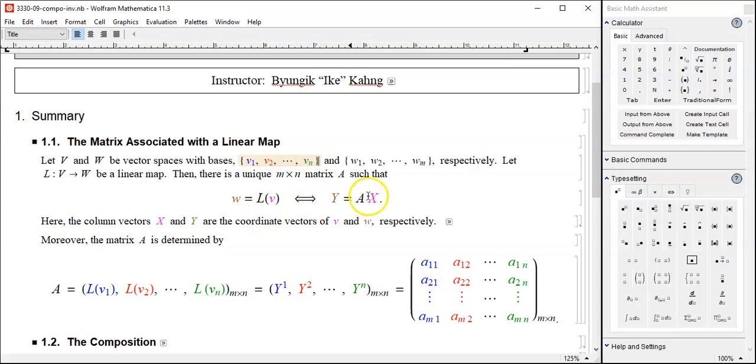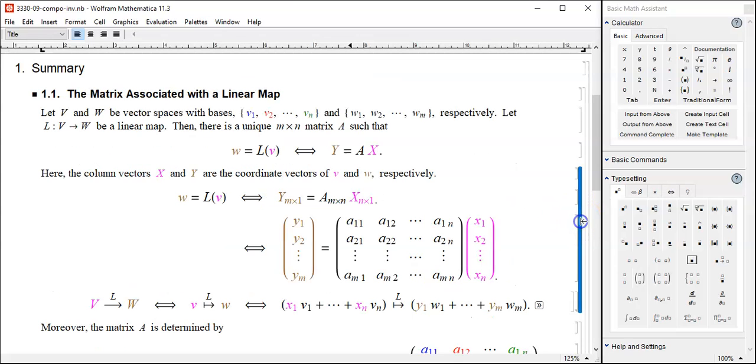And here, as you can see from the color coding, the column vector x is a coordinate vector of V, and the column vector y is a coordinate vector of W. Therefore, this is n-dimensional and this is m-dimensional. This is what I'm talking about.